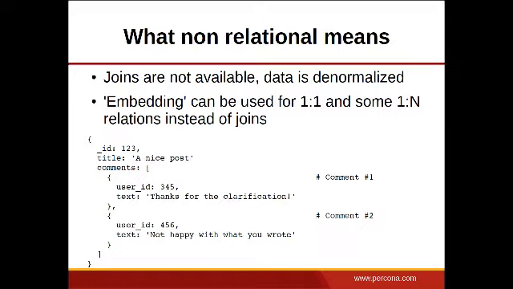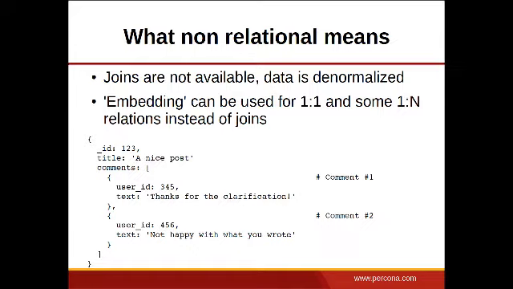So the comments field is an array, and it's an array of JSON documents. And well, this is fine, because if you want to find all the comments for a given post, that's very easy. You simply fetch the post by ID, and you have all the comments. That's great.